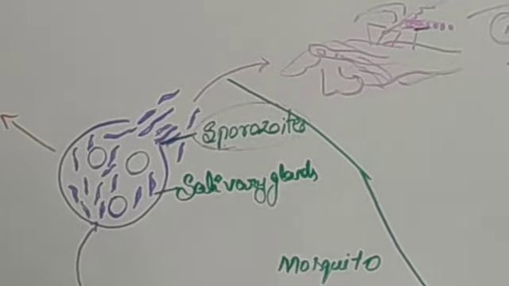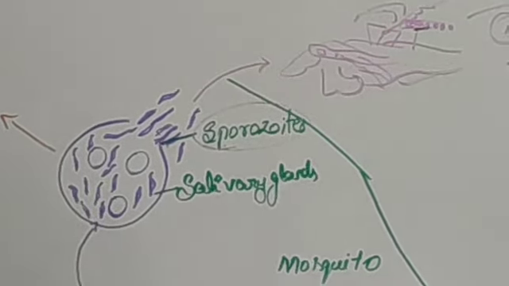The zygote fertilization products formed in the stomach travel and reach the salivary gland of the mosquito. Here it is mentioned that the mature infective stages, the sporozoites, escape from the intestine, that is the stomach, and migrate to the mosquito salivary glands.